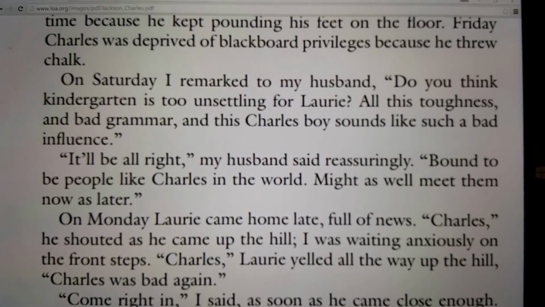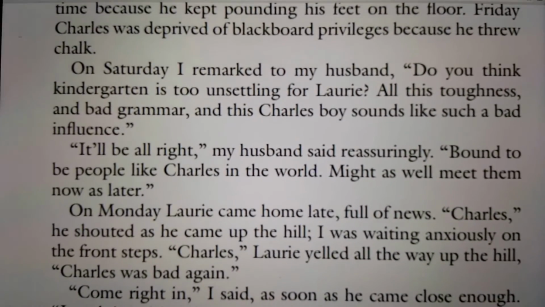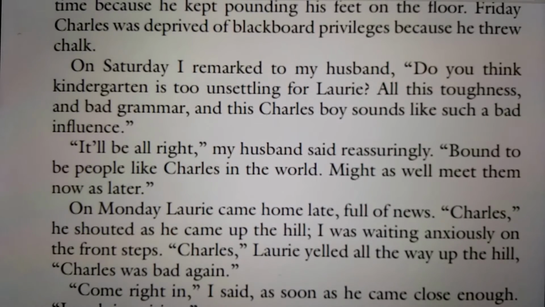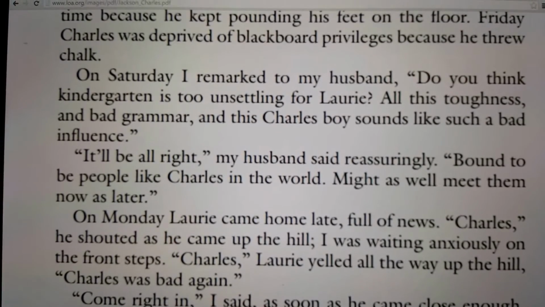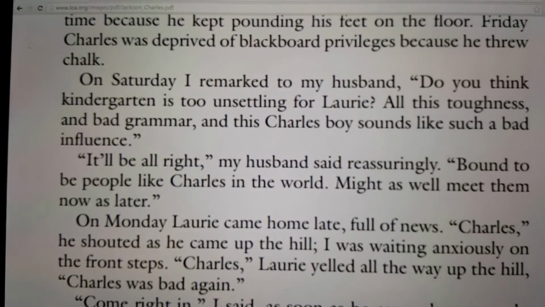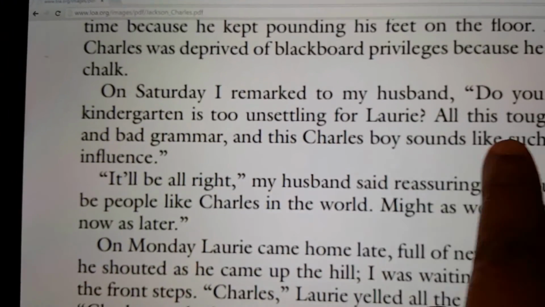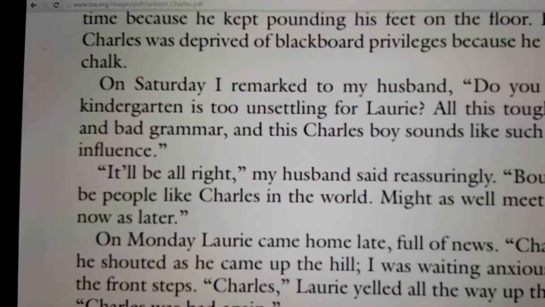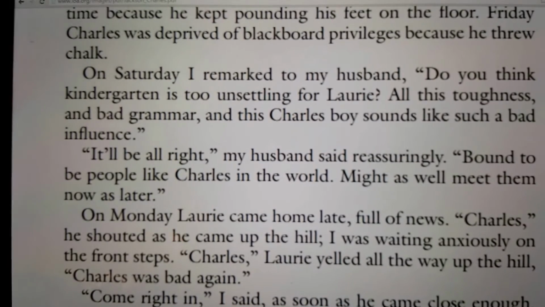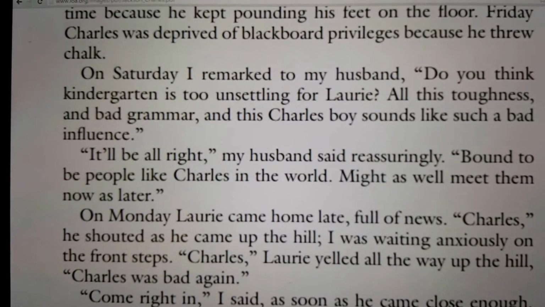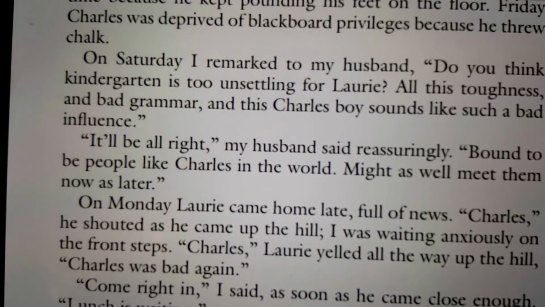So that's a statement by Lori's mother. So the only thing we did not mention in that section that talks about how kindergarten might be too unsettling for Lori is the question she posed to her husband, do you think kindergarten is too unsettling for Lori? So that's the answer. So we need to go back to our question, and I'm going to show you how to add that in.